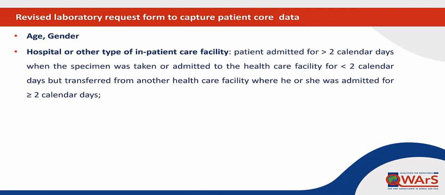Hospital or other type of inpatient care facility means patient admitted for more than 2 calendar days when the specimen was taken, or admitted to the healthcare facility for less than 2 calendar days but transferred from another healthcare facility where he or she was admitted for greater than or equal to 2 calendar days.